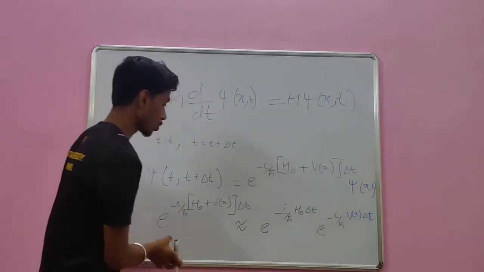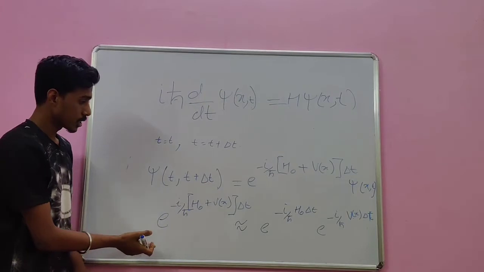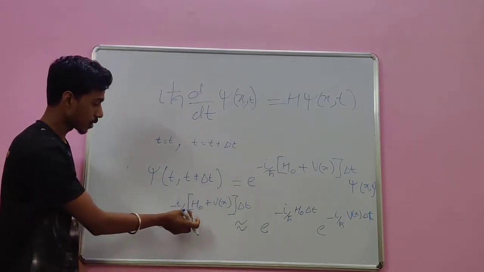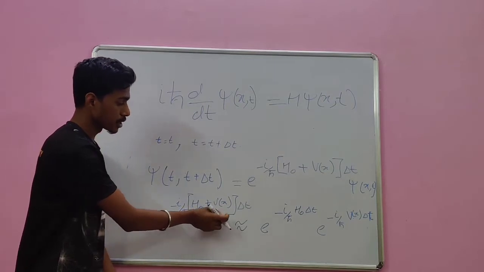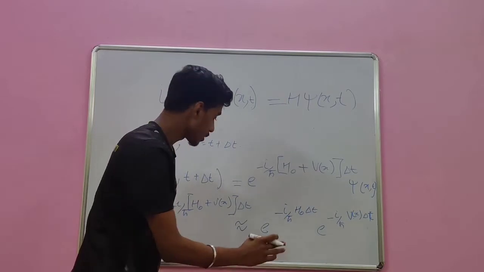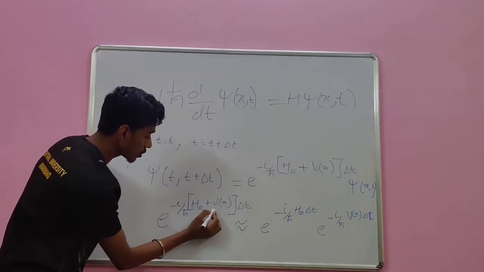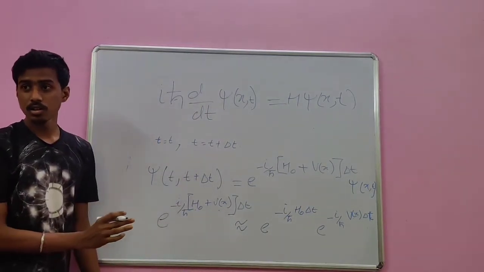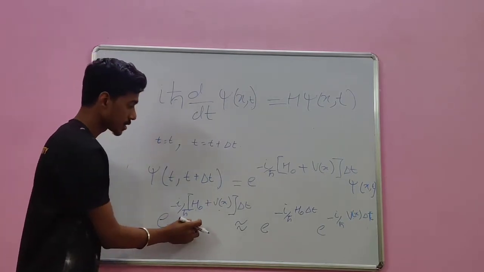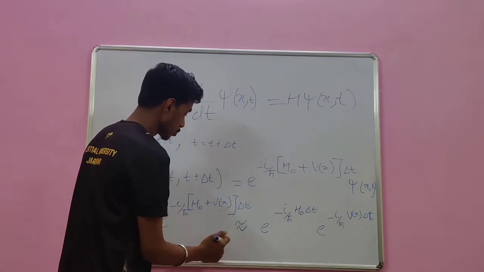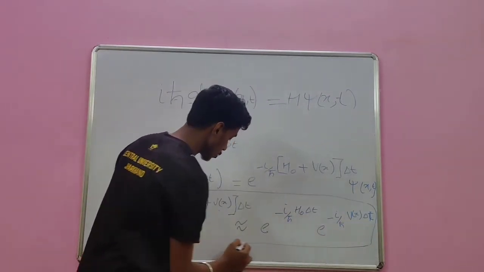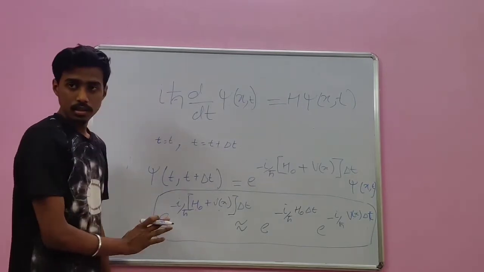Now what's so uncommon in this? We can say it's simple, just e to the power a plus b written in the form of e to the power a into e to the power b, but it's not that simple. Here H naught and V(x) are matrices, not numbers or any quantity. So this is known as the Suzuki-Trotter decomposition rule.